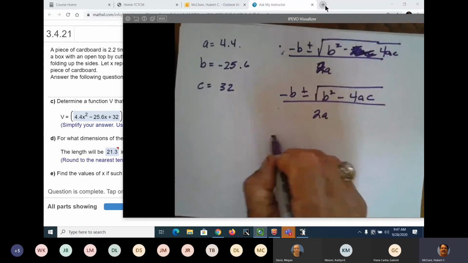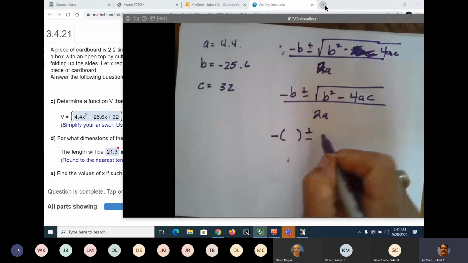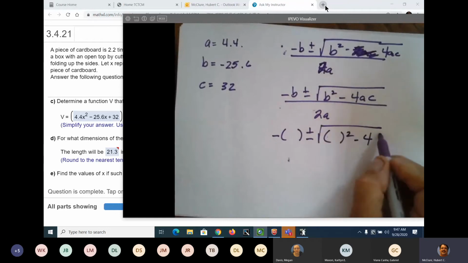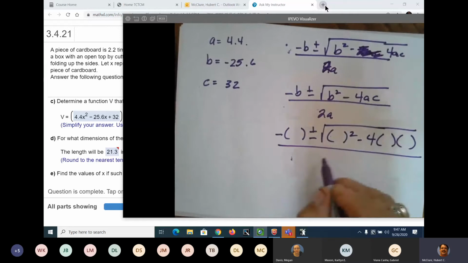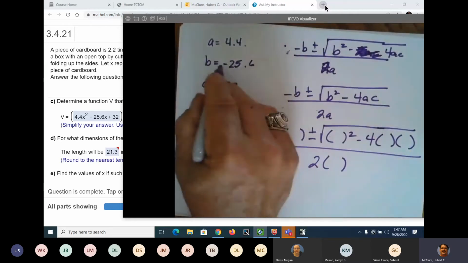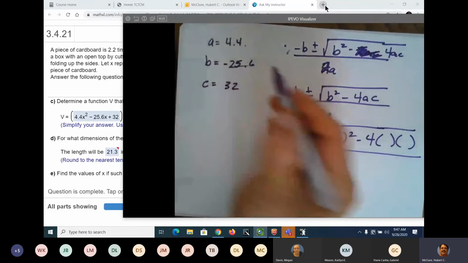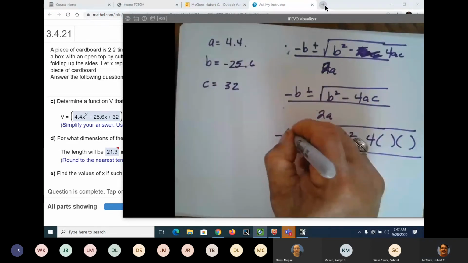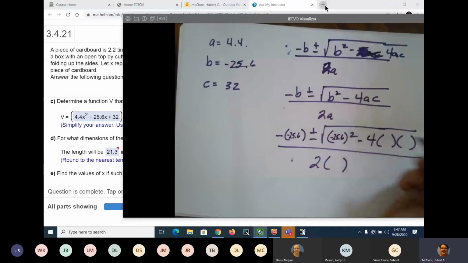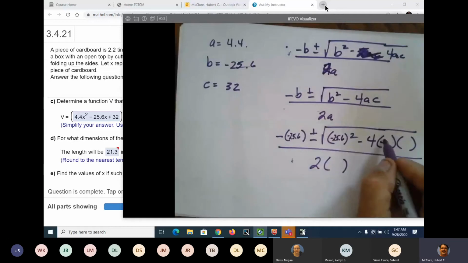So that's going to be negative parentheses, plus or minus the square root of parentheses squared minus 4 times parentheses, over 2 times parentheses. So B is negative 25.6, A is 4.4, and C is 32.